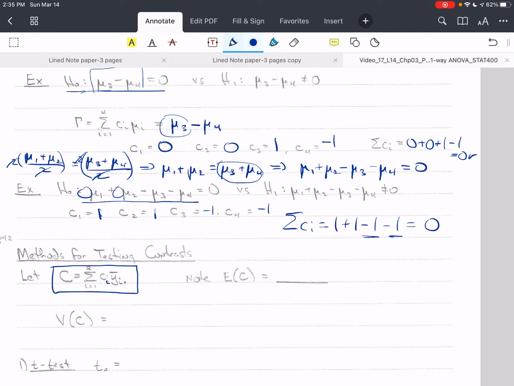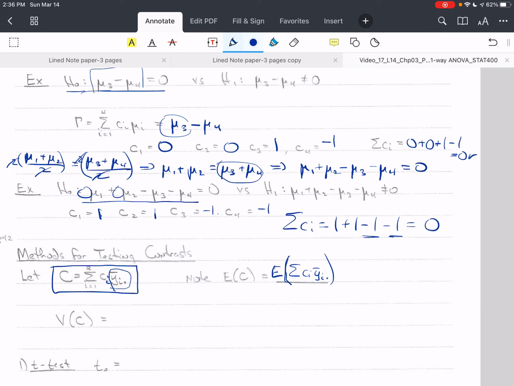And in that, we're still using Ci, but here we're using yi.bar, which is the estimate of mu I. So the only thing that gets changed is that mu I gets estimated by yi.bar. Now, I want you to note that the expected value of C is equal to E of the sum of Ci yi.bar.